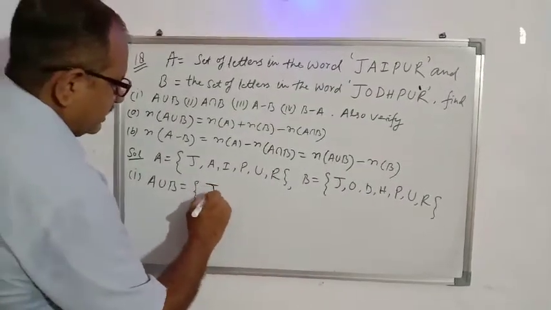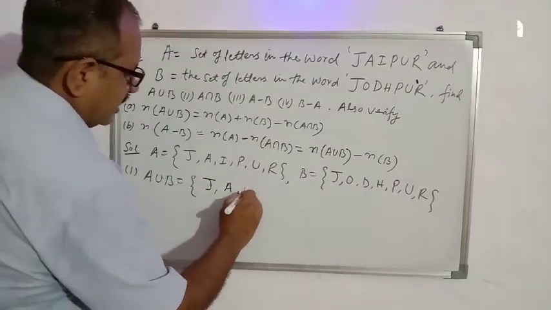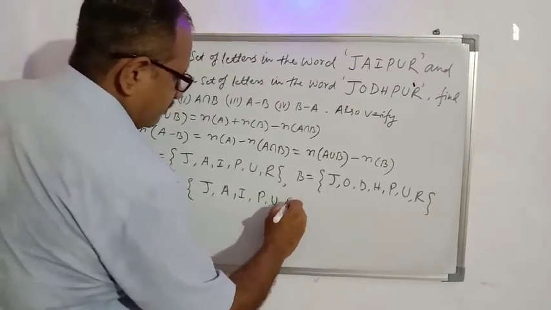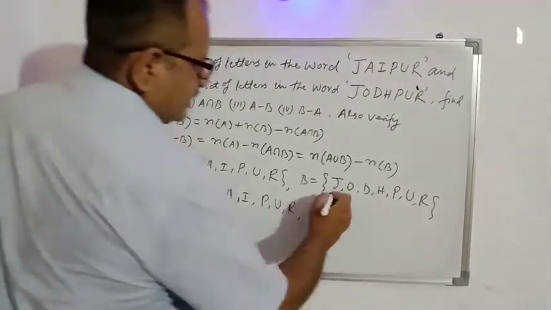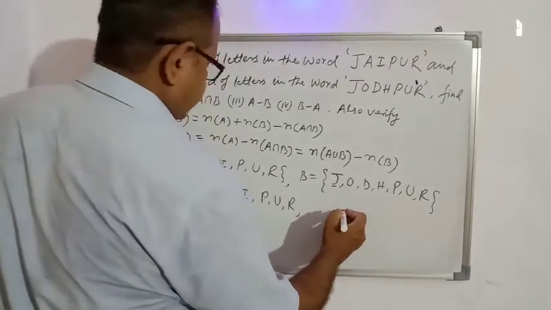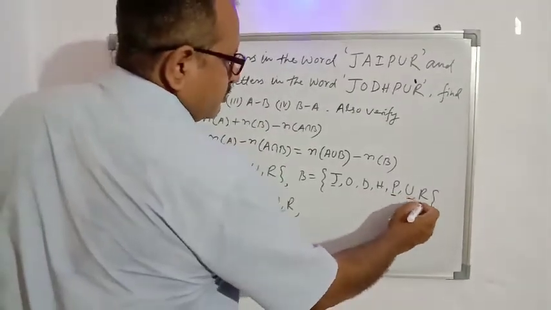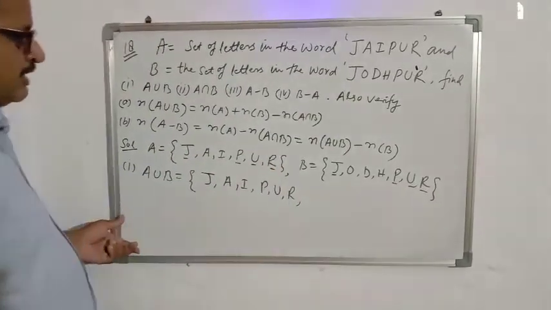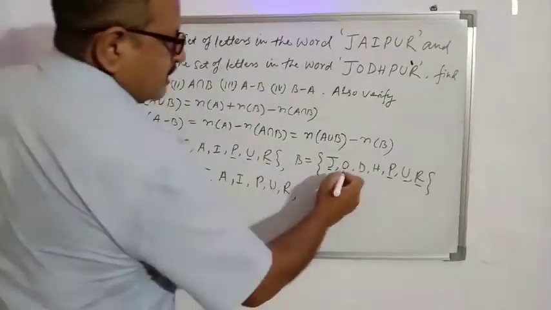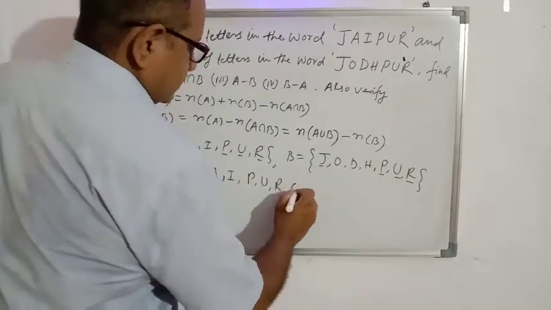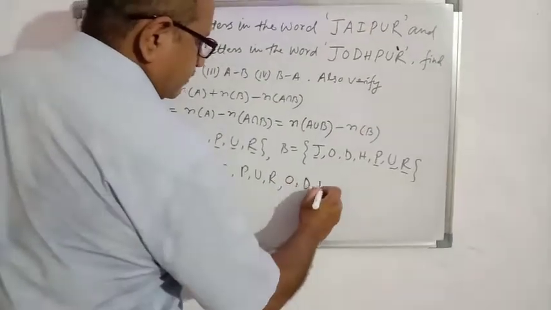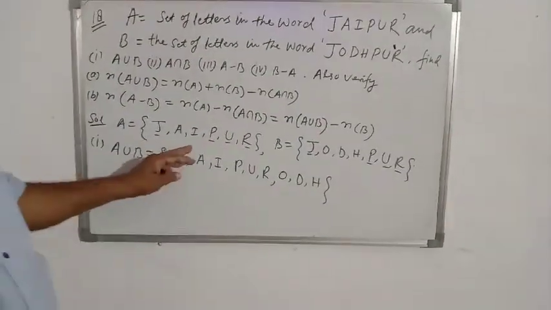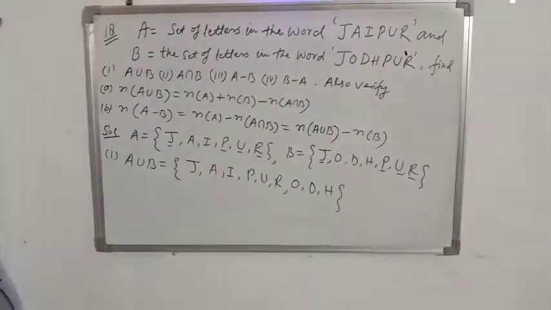Write J, A, I, P, U, R. These are common elements J, P, U, R. These four elements are common. So other elements are O, D, H. This is A union B. All the elements of both the sets.